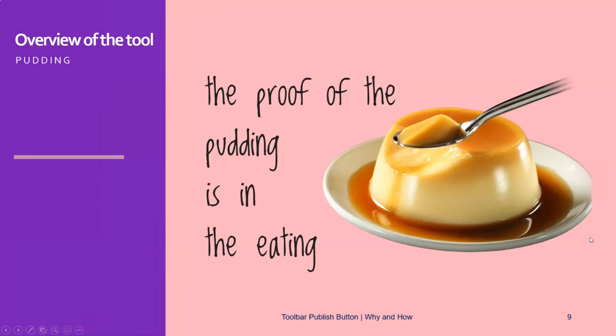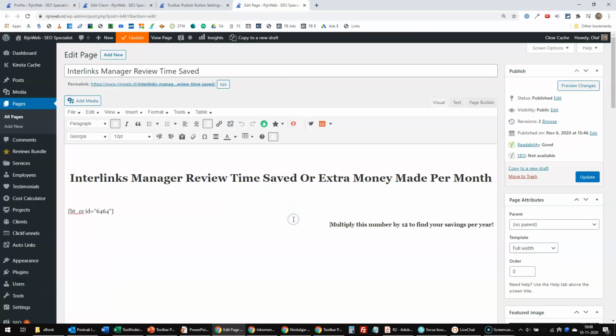But obviously the proof of the pudding is in the eating, so let's go to my website and I will show you how this works. So here we are in one of the pages on my website, and as you can see at the top, this is the update button that is always inside. And if you want, you can also choose to have the preview button there, but for now let's see.